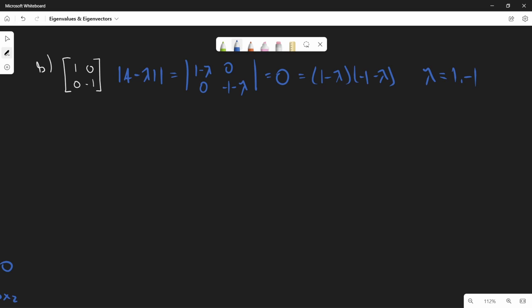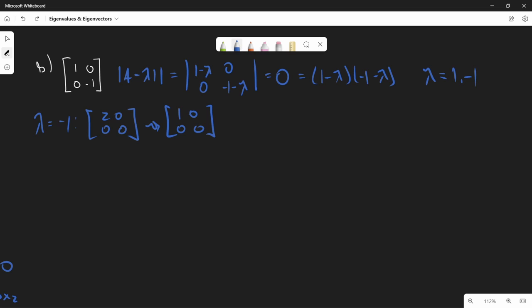And so just like everything else, we just put in our eigenvalues into the matrix, and then we find our corresponding eigenvector. So we're going to start with lambda equal to negative 1. This will give us 2, 0, 0, 0. When we put this in row reduced echelon form, this will just give us 1, 0, 0, 0.